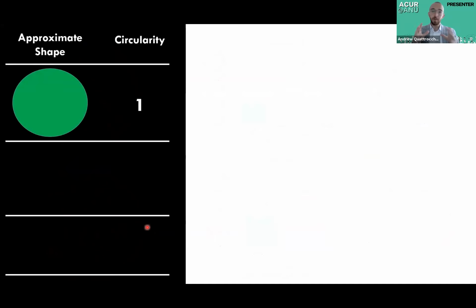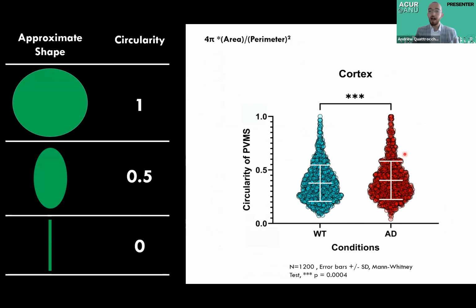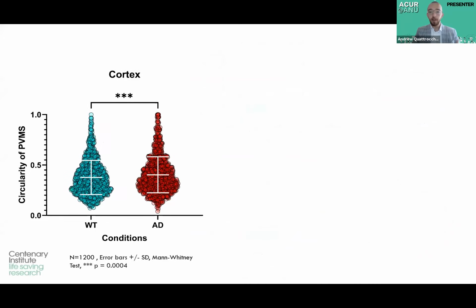I then looked at the morphology of these cells. A more circular structure equates to a 1, an elliptical structure equates to about a 0.5, and a more straight structure equates to a 0, using this equation. What I found was that perivascular macrophages in Alzheimer's disease compared to wild type are significantly more circular. So what I next did was look at where this is occurring.